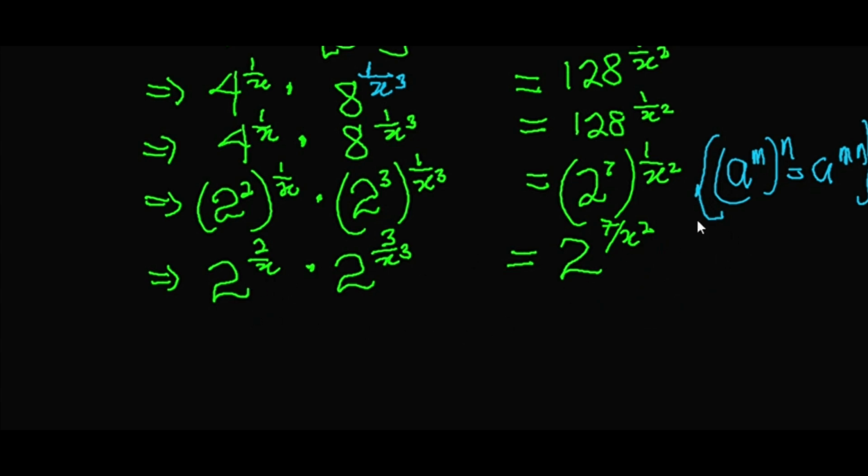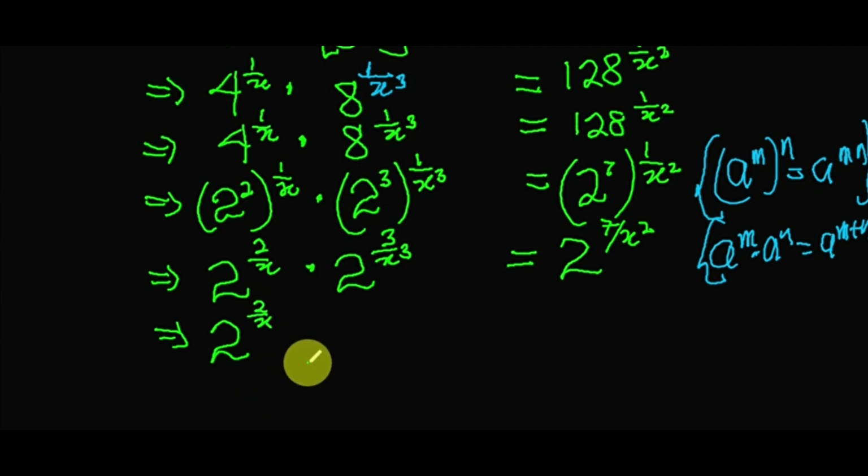We apply this indices rule again: a to the power m times a to the power n equals a to the power m plus n. Here it is multiplying, so we can write this as 2 raised to the power 2 over x plus 3 over x to the power 3 equals 2 to the power 7 over x squared.